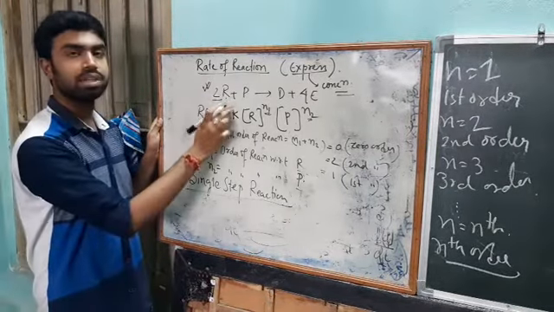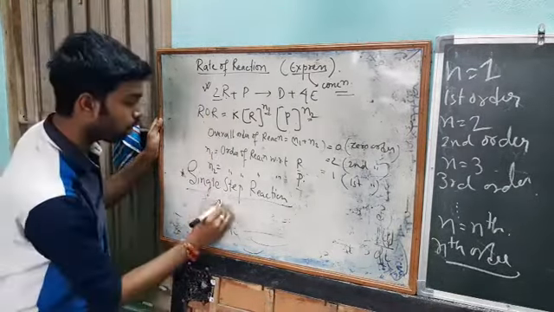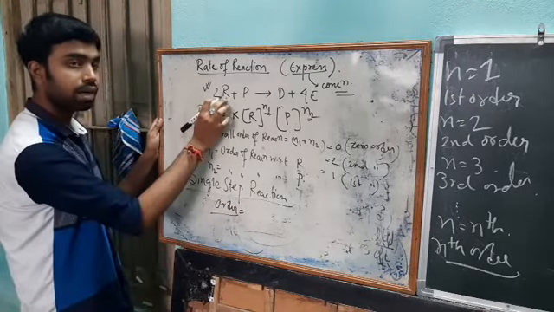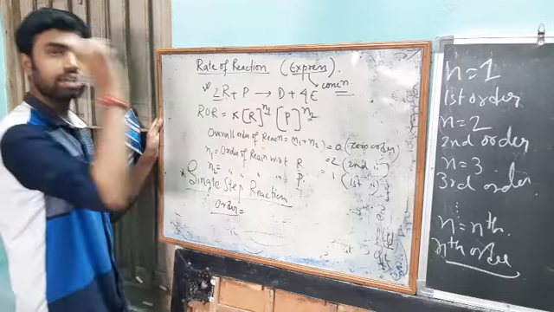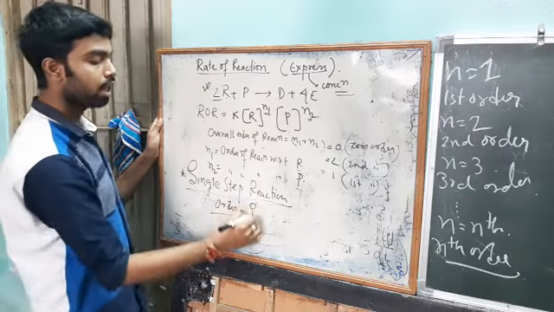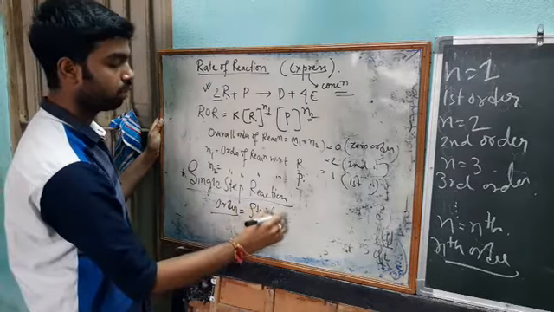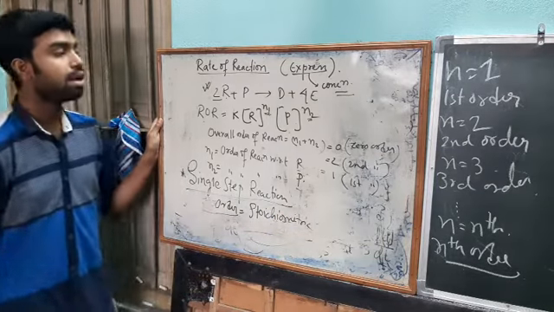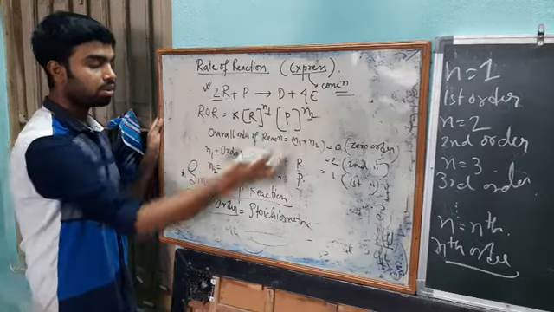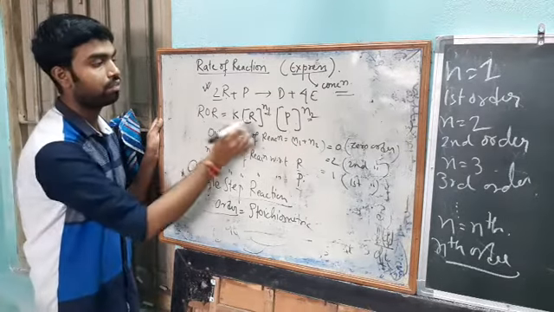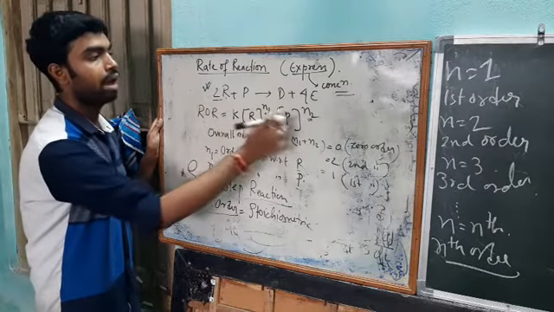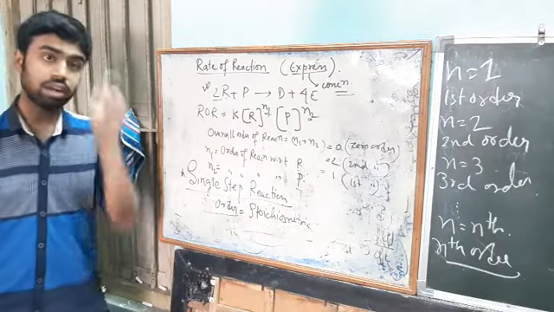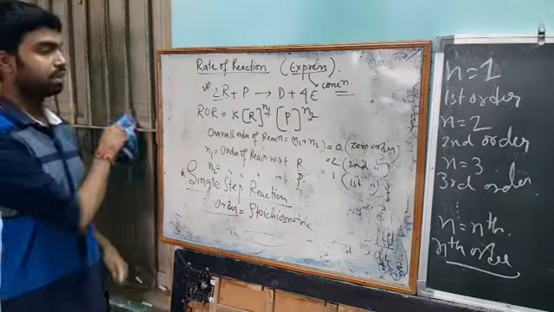In such a single step reaction, the order of reaction with respect to a reactant will be equal to the stoichiometric coefficient. That means if this reaction was a single step reaction, then the value of N1 would be 2 and the value of N2 would be 1. But this is only in case of a single step reaction.